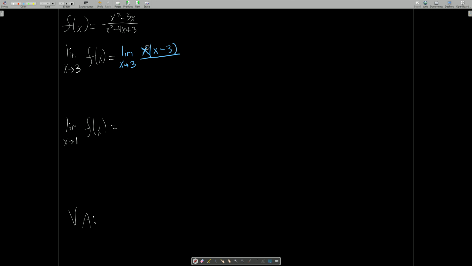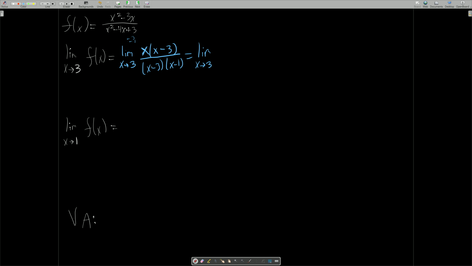It's best to factor out as much as you can when you're factoring problems like these. So x squared minus 4x plus 3. What two numbers multiply to 3 and add to negative 4? That'd be negative 3 and negative 1. So you have x minus 3 and x minus 1.